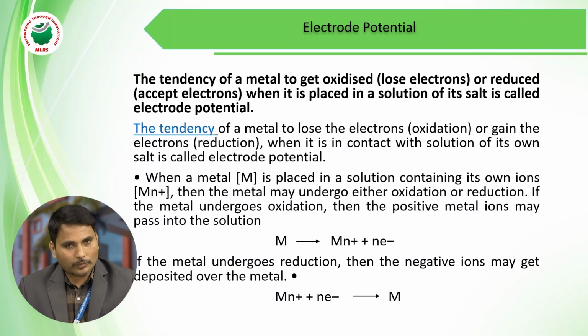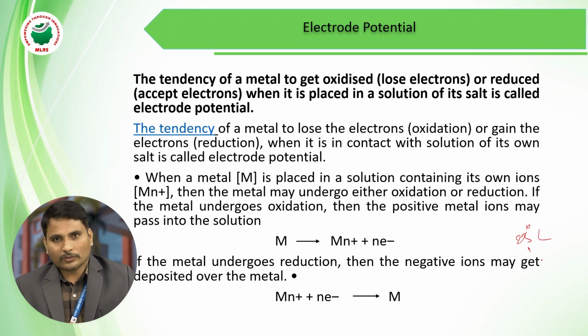If we take this electrode potential at constant, standard conditions, we say it is the standard electrode potential. Like you need to maintain 25 degrees centigrade and 1 atmospheric pressure. If you maintain that, we call it the standard electrode potential.